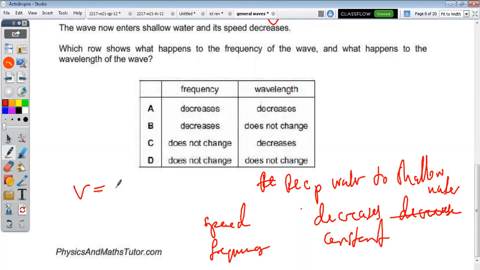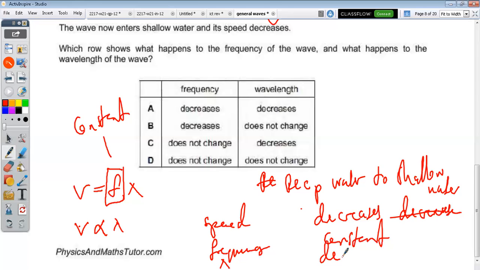Speed is equal to frequency times wavelength. So frequency here is a constant. Velocity is directly proportional to the wavelength. Whatever happens to the speed happens to the wavelength. Is that making sense? If frequency is constant, from the physics formula, it means the wavelength decreases.